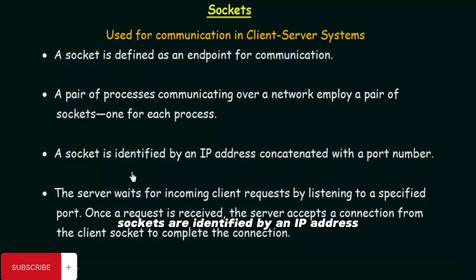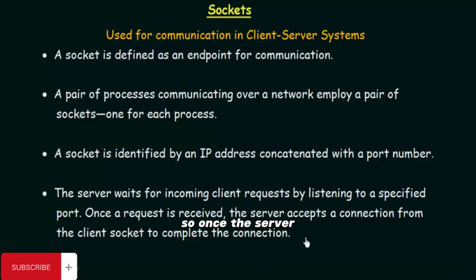As I told you, sockets are identified by an IP address along with a port number. The server waits for incoming client requests by listening to a specified port. Each process will be associated with a socket, and that socket will have a port number. The server listens to the port, waiting for incoming client requests. Once a request is received, that is, once a client tries to communicate with the server, the server accepts the connection from the client socket to complete the connection.